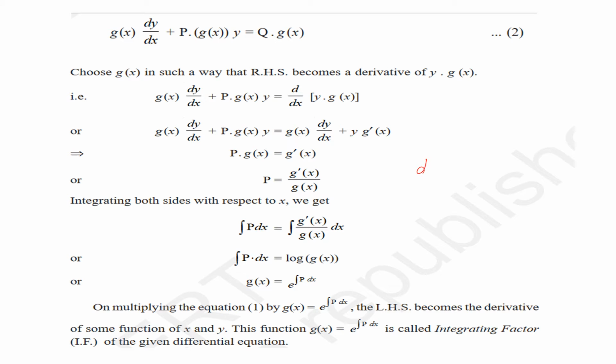For the form dy by dx plus py is equal to q, the integrating factor is e raised to power integral p dx, which is called the integrating factor. In short, you should remember just this thing.